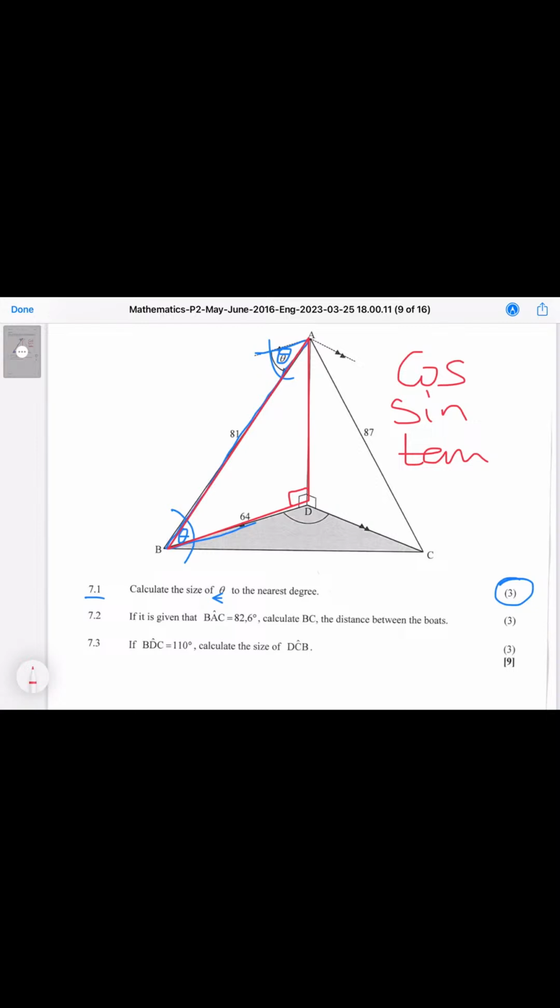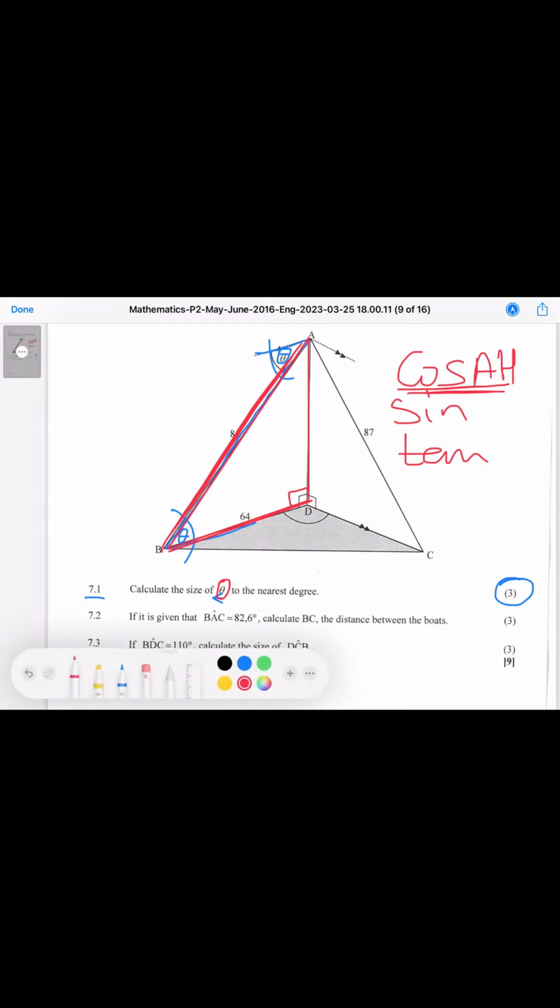If it is the angle that we are trying to calculate, ask yourself this question: which trig ratio has adjacent and hypotenuse? Cos, adjacent over hypotenuse. So you can use this trig ratio to calculate that angle. I hope that makes sense, and that's how you score yourself 3 marks for that question.